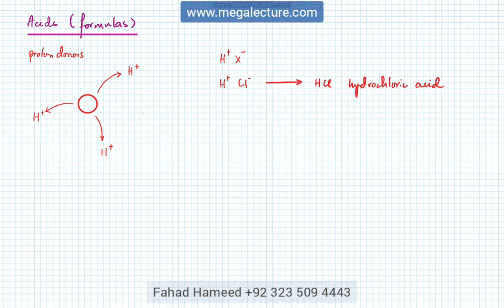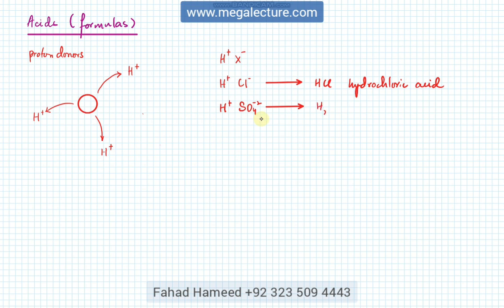So our formula is HCl, which is hydrochloric acid. So it's made up of H+1 attached to a negative ion. We can have another acid, let's say H+1, and we can attach it to sulfate ion, which is SO4, and it has a charge of -2. Now the formula of this acid, if you do crisscross, there's going to be 2 H and 1 SO4. So it's going to be H2.